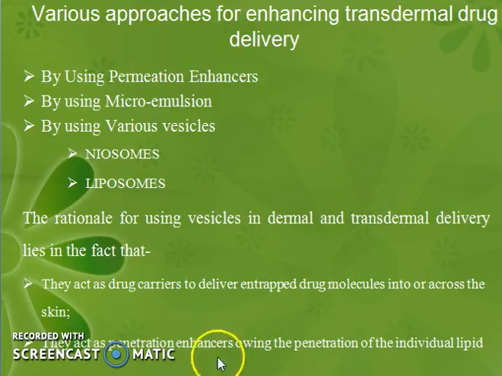So, avoiding these problems, we can use some newer approaches for enhancing transdermal delivery. These are some systems which can be easily used: microemulsion systems, or various vesicular systems like niosomes or liposomes. The rationale for using vesicles in intradermal and transdermal delivery lies in the fact that they act as a drug carrier to deliver entrapped drug molecules into or across the skin, and they act as penetration enhancers owing to the penetration of the individual lipids.